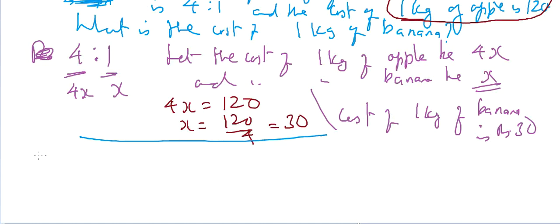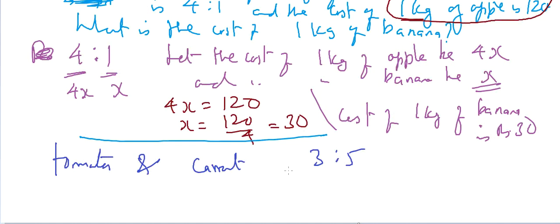Okay, similarly, let's say the cost of 1 kg of tomato and carrot are in the ratio 3:5.